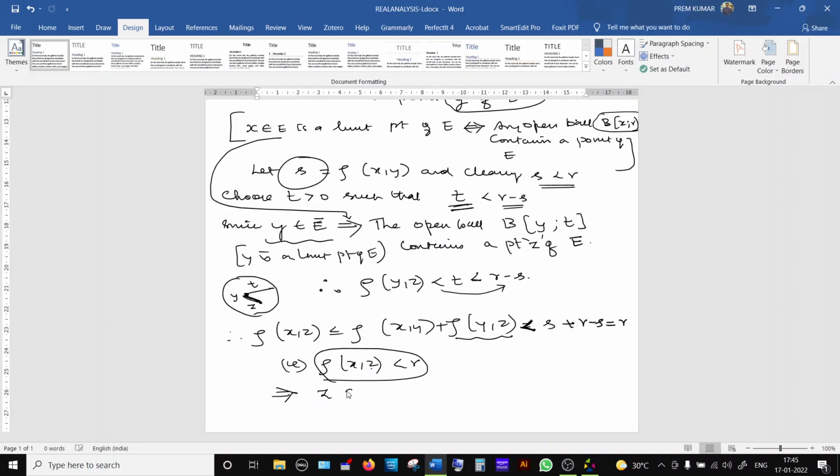This Z is an element of the open ball B of X colon R. This is the final conclusion. This is any open ball, a general open ball with center at X.